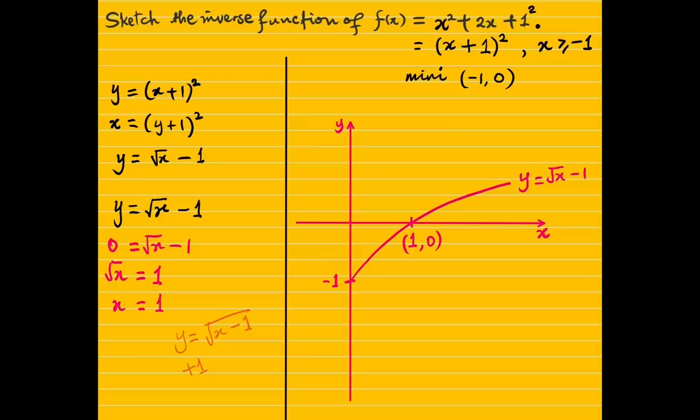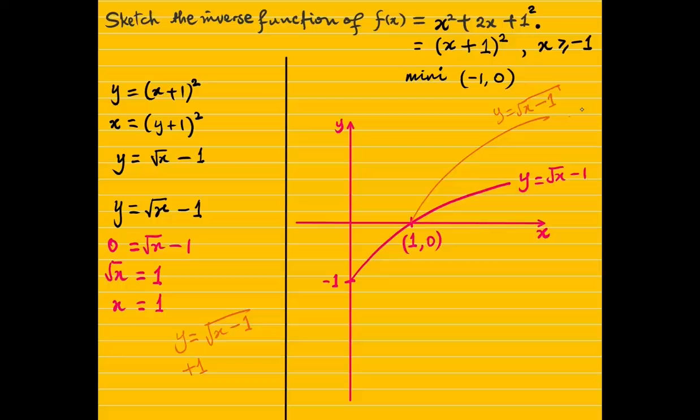So what I would have done, instead of this one here, because this is y equals to root of x, I would then have moved it 1 unit horizontally. It would not have gone below beneath the x-axis at all, and this one would have been y equals to root of x minus 1.